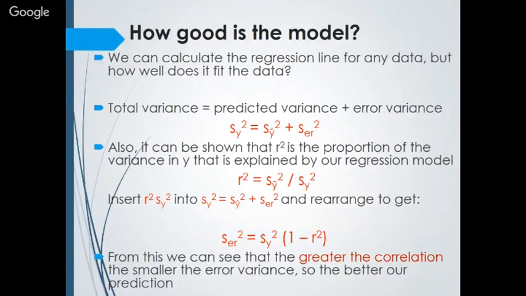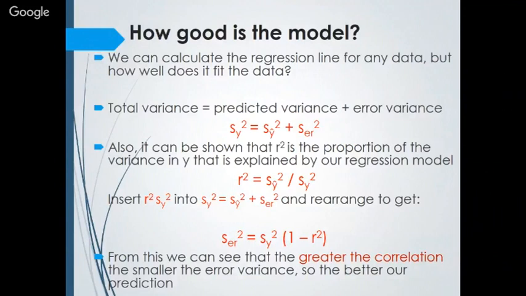The total variance is equal to the predicted variance plus the error variance. That means the total variance is the sum of the predicted variance and the error variance.